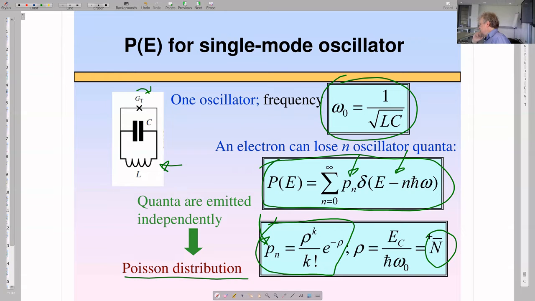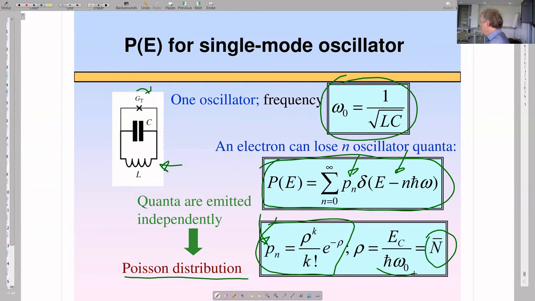Right, one can estimate this average number of quanta as the Coulomb energy, which it can spend at most, divided by the energy splitting of oscillator levels. So that's how many quanta could go on average.